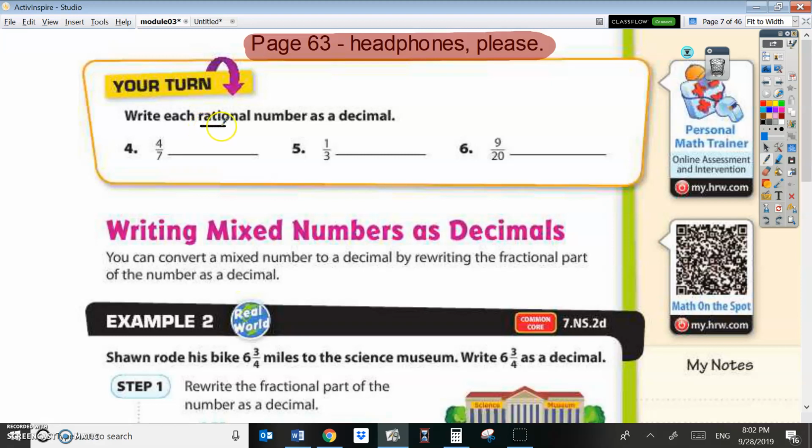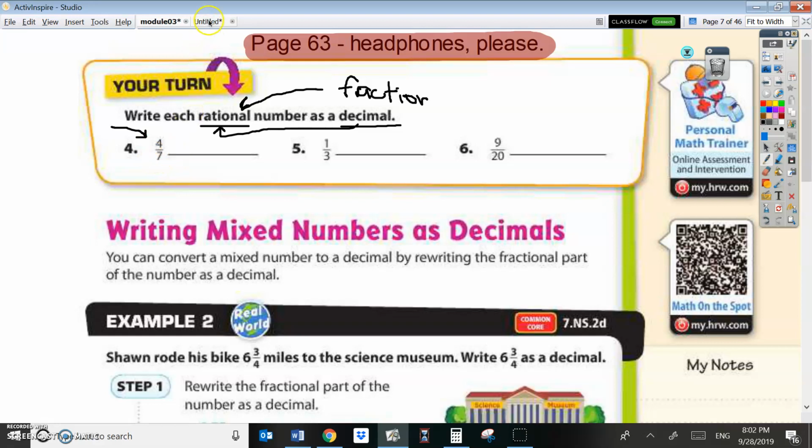Remember, a rational number is a fraction and a decimal. A fraction is a rational number, a decimal is a rational number. We need to convert 4 over 7 to a decimal.